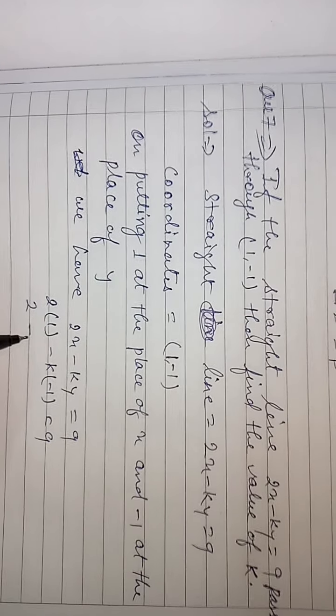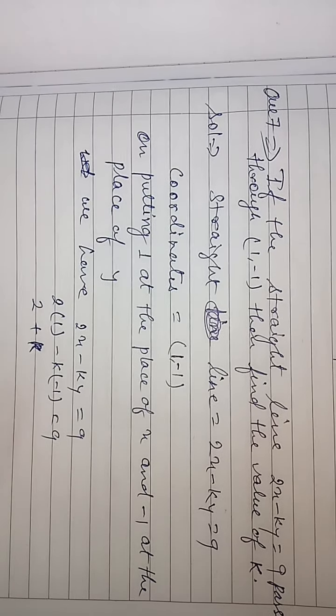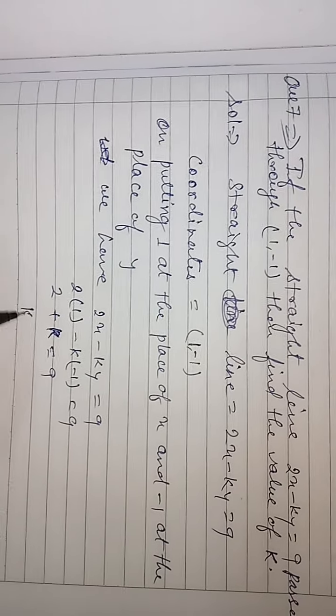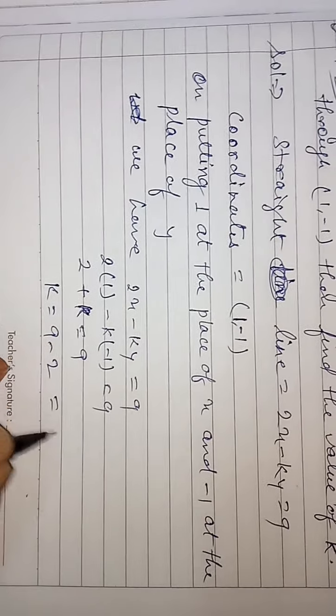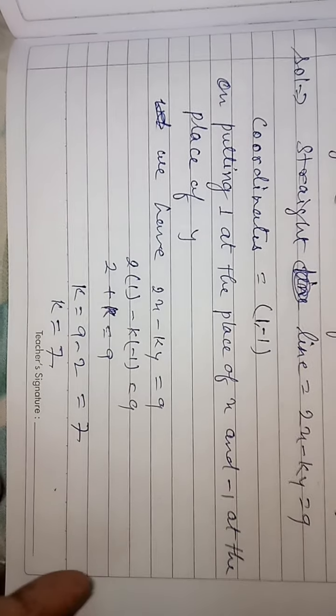So 2 plus k, because minus k and minus 1 is equal to plus k, equal to 9. So k equal to 9 minus 2 is equal to 7. So the value of k is equal to 7.